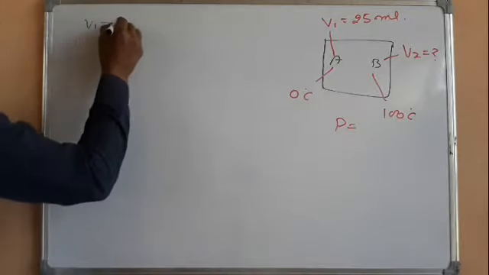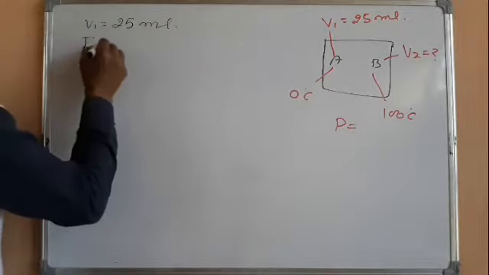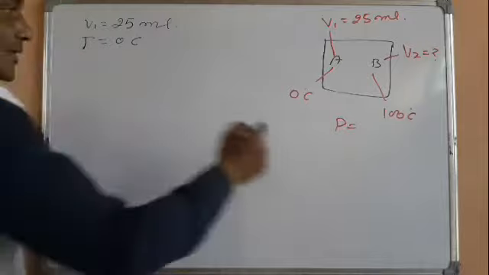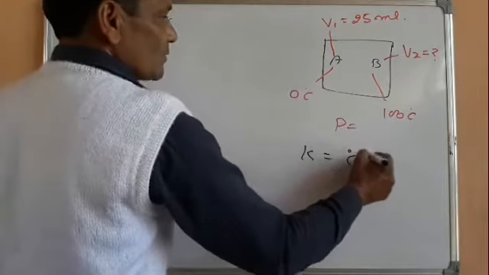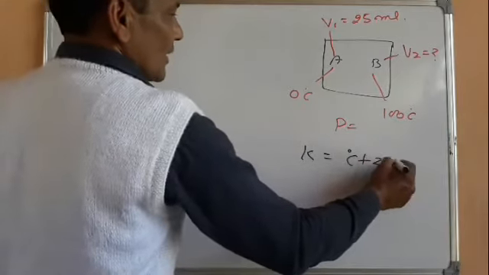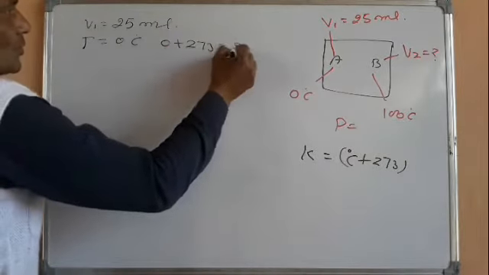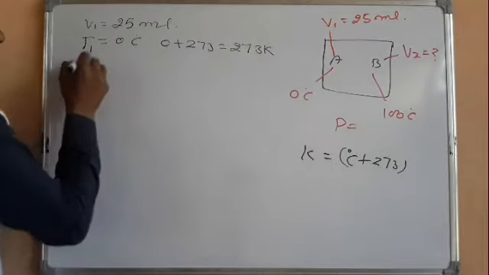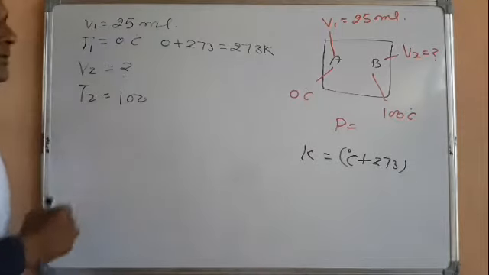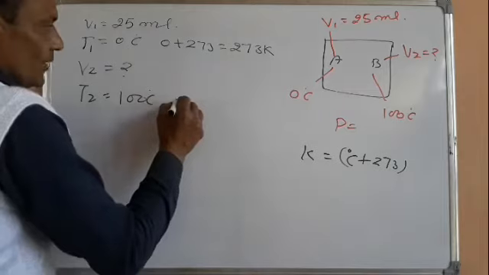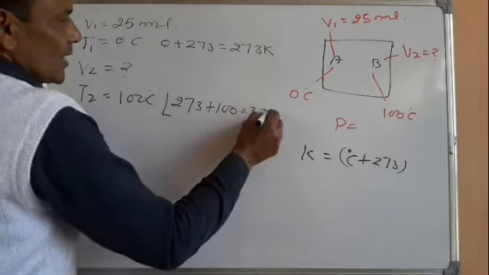So first V1 is 25 ml and T1 is 0 degree Celsius. तो डिग्री सेल्सियस, take the Kelvin. डिग्री सेल्सियस plus 273. So 0 plus 273 is equal to 273 Kelvin T1, and find V2, and second T2 is equal to 100 degree Celsius. So convert to the Kelvin. 273 plus 100 is equal to 373 Kelvin.